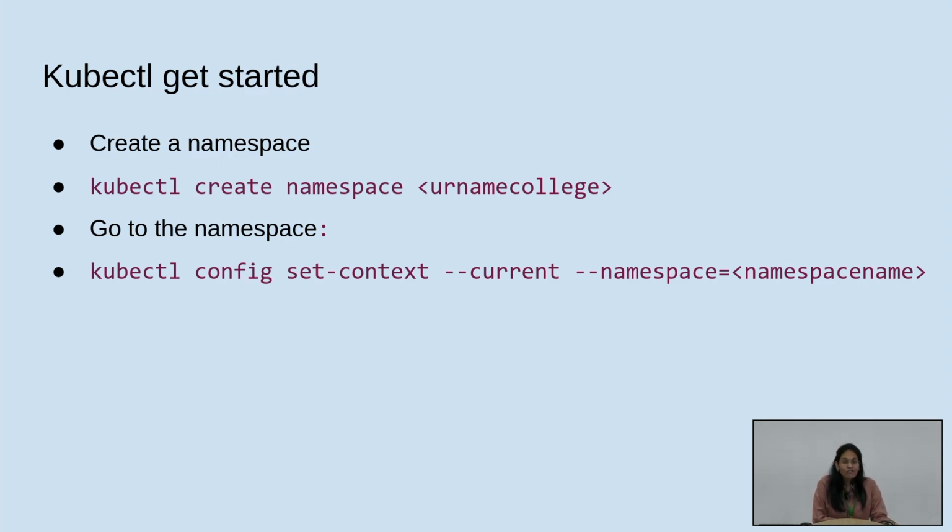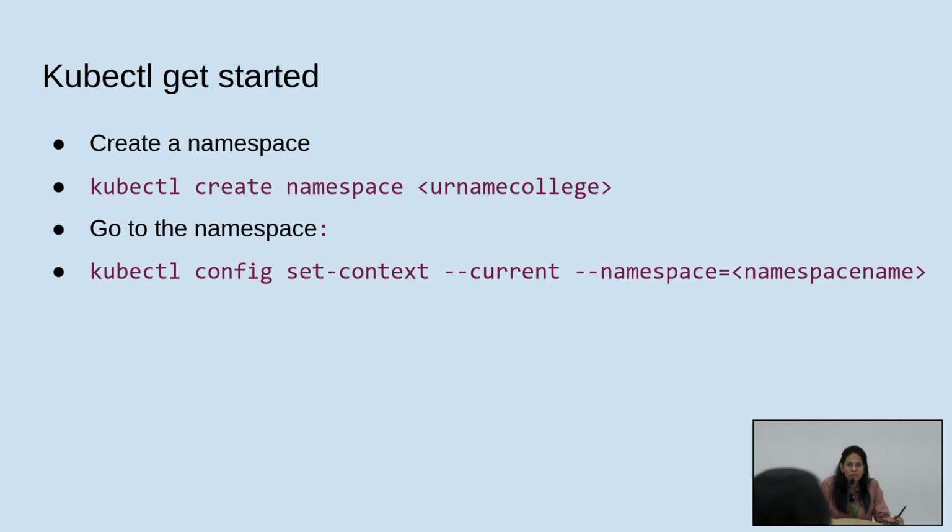We have shared the slides, so in case it's convenient for you, please copy paste these commands from the slides. The create namespace command will create your namespace. Make sure you use a unique namespace and don't overwrite another, because we are all sharing the cluster here.